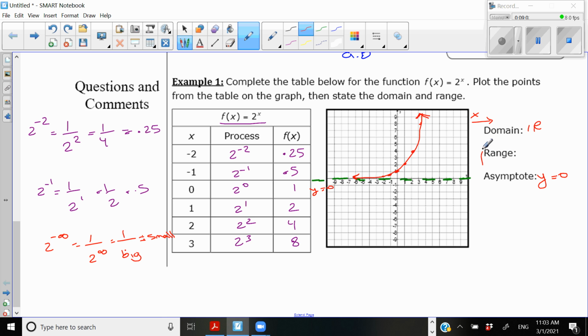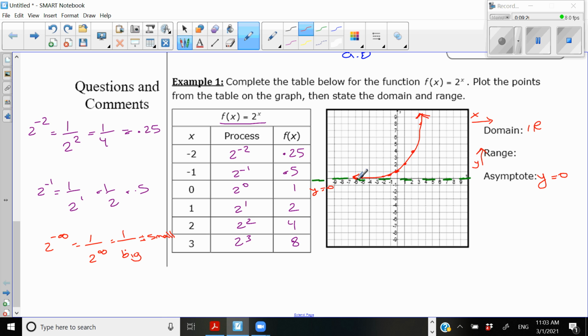The range is about the y values, so you move bottom to top. As you move from bottom to top, you see that for the negative y values that we have here, there is no part of the function defined. So we don't see any part of the function here. The function is going to start from this point, which is right after 0.